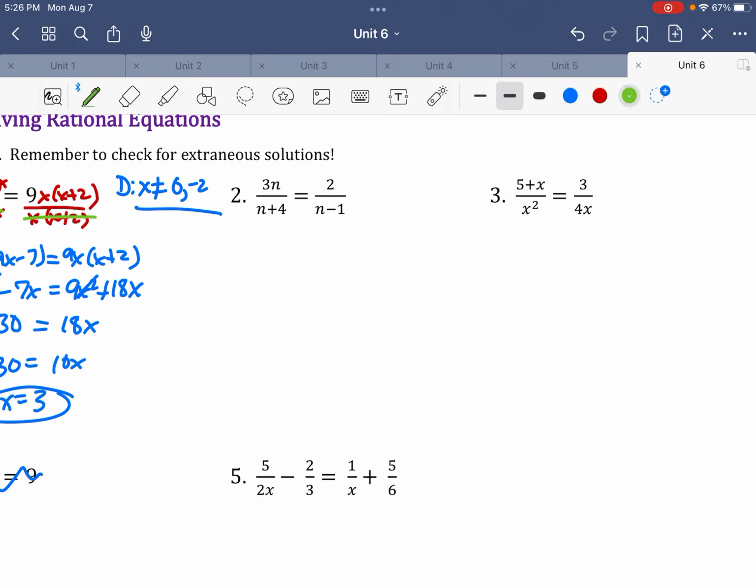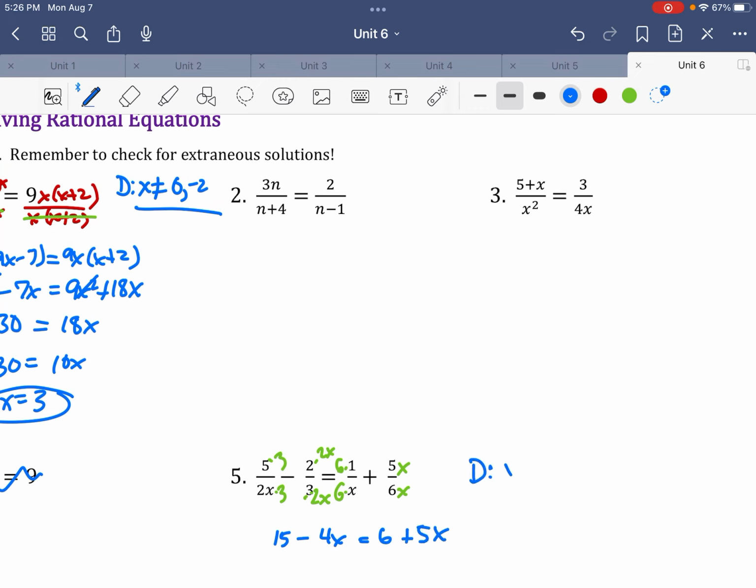So I'm going to have to give him an x, give this guy a 6, give this guy a 2x, and give this guy a 3. Then all the denominators would be 6x. So let's see what we got. We have 5 times 3 is 15 minus 4x equals 6 plus 5x.